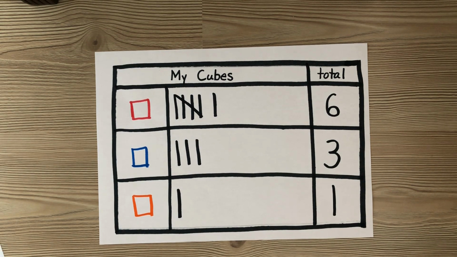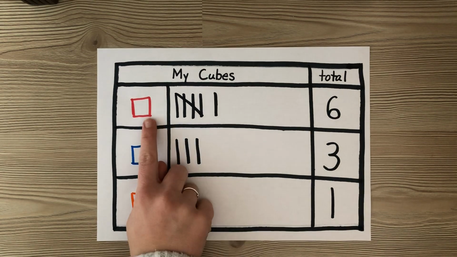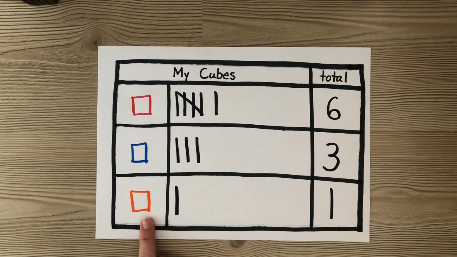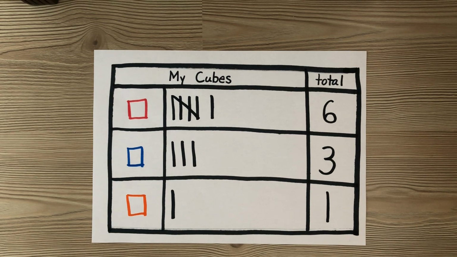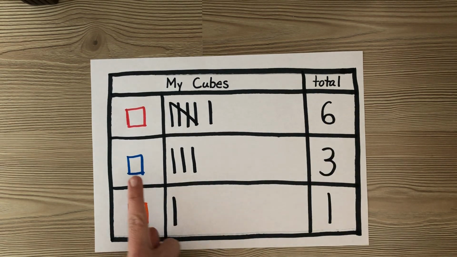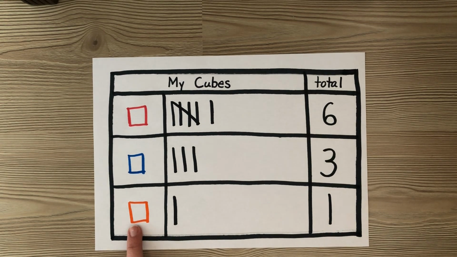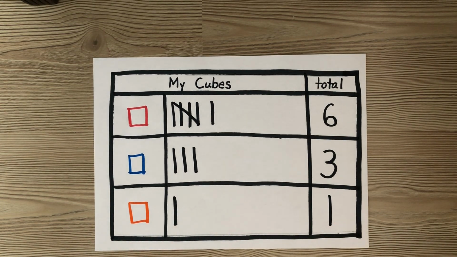So, looking at this tally chart that I have in front of me, we created this together the other day, boys and girls. I looked at my toys and I saw that I had red cubes, blue cubes, and orange cubes. How many red cubes did I have? I had 6 red cubes. How many blue cubes? I had 3 blue cubes. And I had 1 orange cube.